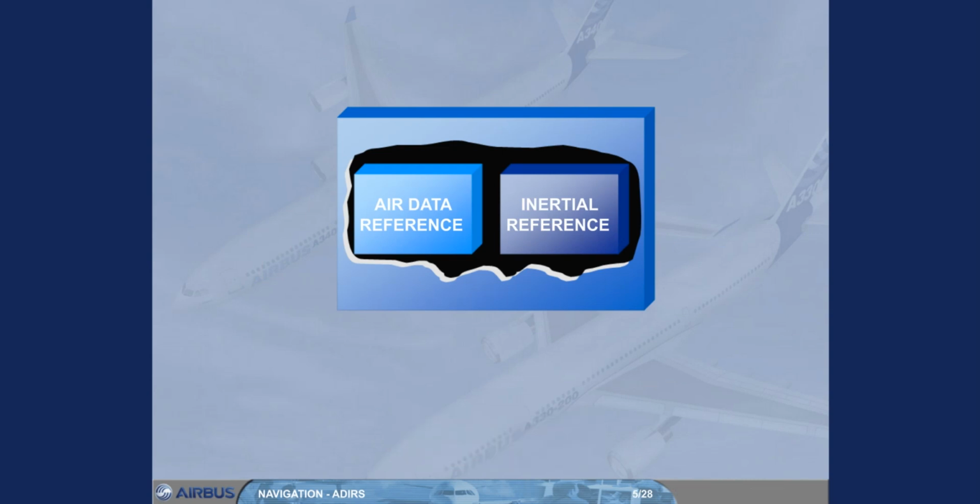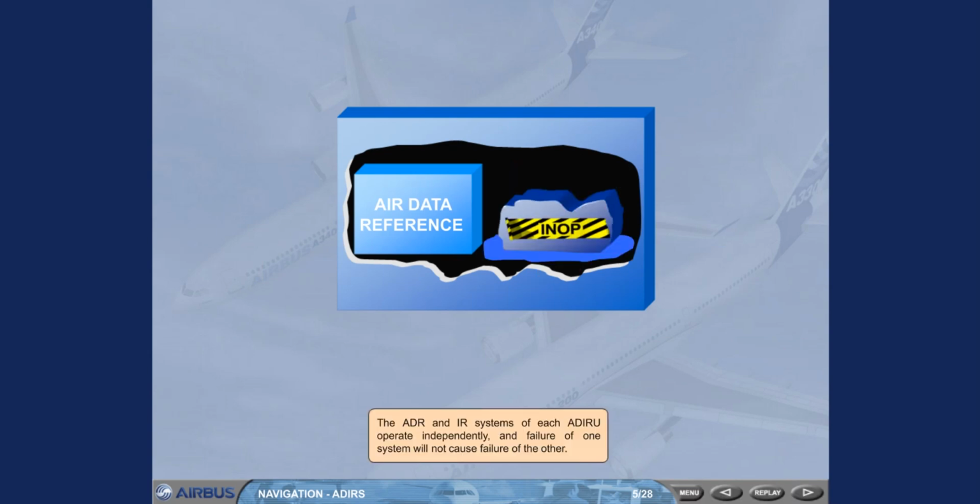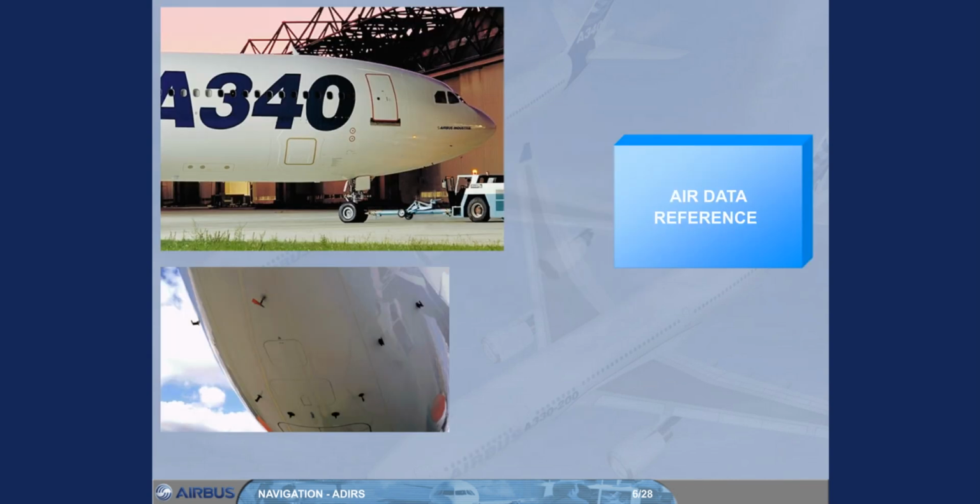The ADR and IR systems of each ADIRS operate independently, and failure of one system will not cause failure of the other. The ADR part receives information from aircraft probes and sensors.